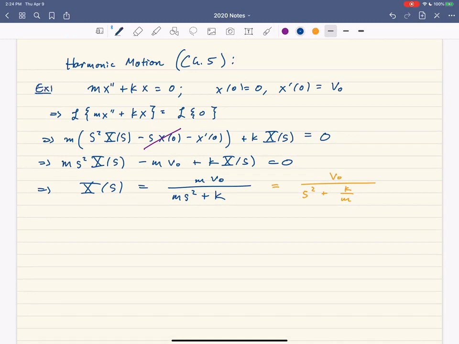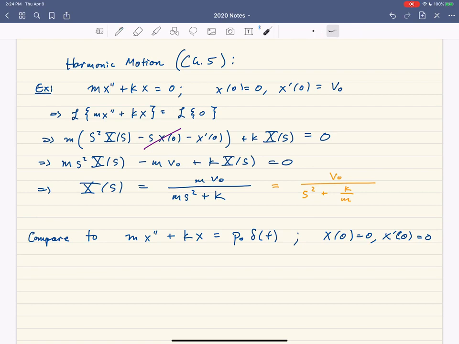What I want to do is compare this to another differential equation: mx double prime plus kx equals p naught times delta of t, subject to the initial condition that x of 0 is 0 and x prime of 0 is 0. This is almost the same differential equation, except this is no longer homogeneous, and we have different initial conditions.